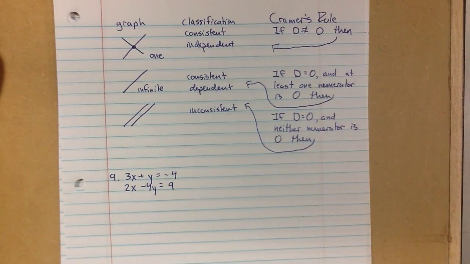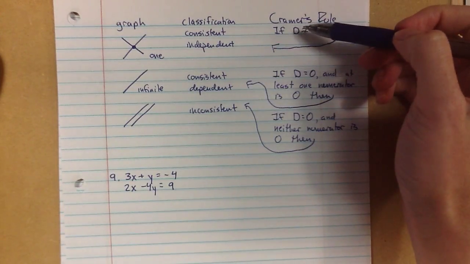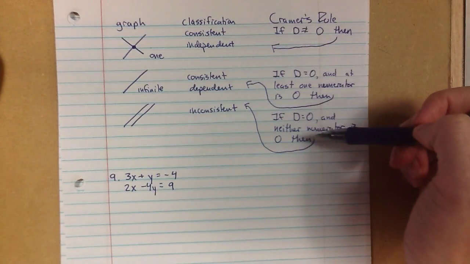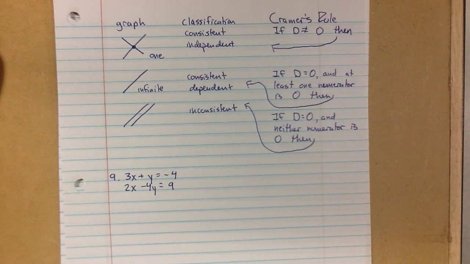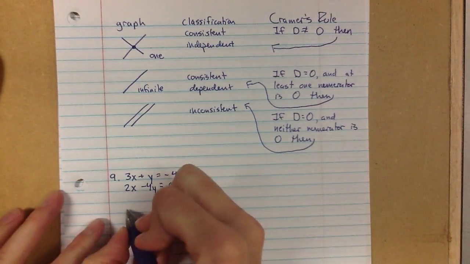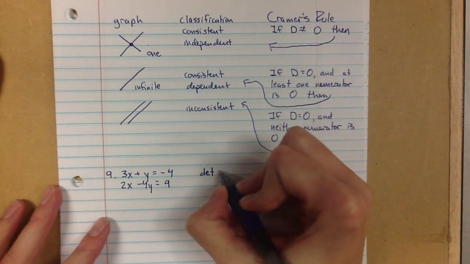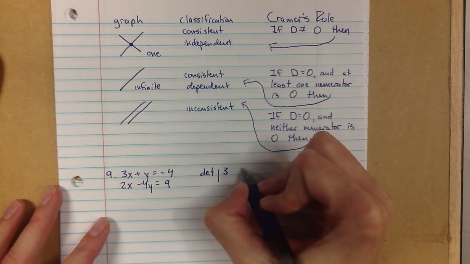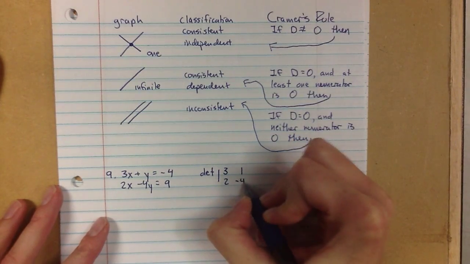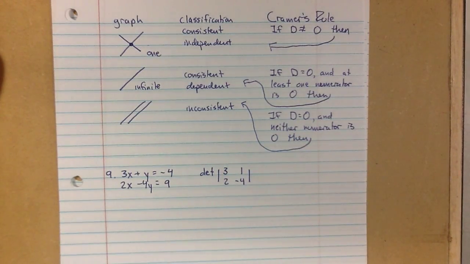Okay, so in these rules over here, it says if D. D is the determinant of your coefficient matrix. So when you have a system, the first thing you're going to do is find the determinant of the coefficient matrix. Alright? So let's write it up here. We're going to find the determinant of 3, 1, 2, -4. Those are my coefficients.